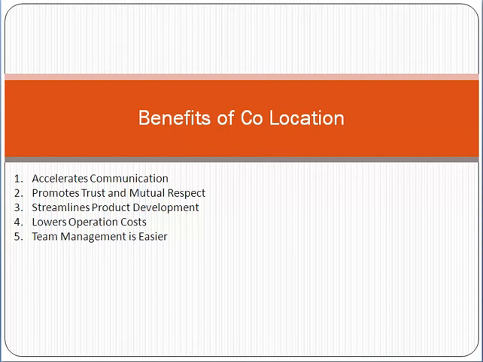If you are just talking on Zoom or Microsoft Teams and you don't know someone personally, it's different. On the other hand, if you personally know someone, if you are physically meeting and talking with someone, it's something different. So the level of trust and respect is totally different in co-location.